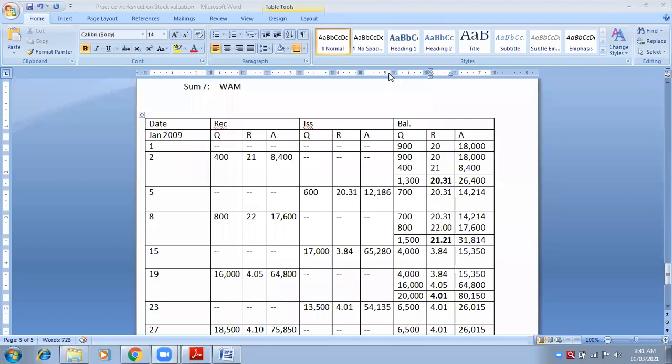Do it and let me know 21.21. Okay. Mahima has also answered in the chat box. Thank you very much, Mahima. Because you guys need to answer me, otherwise, how will I know that you're getting the same answers?